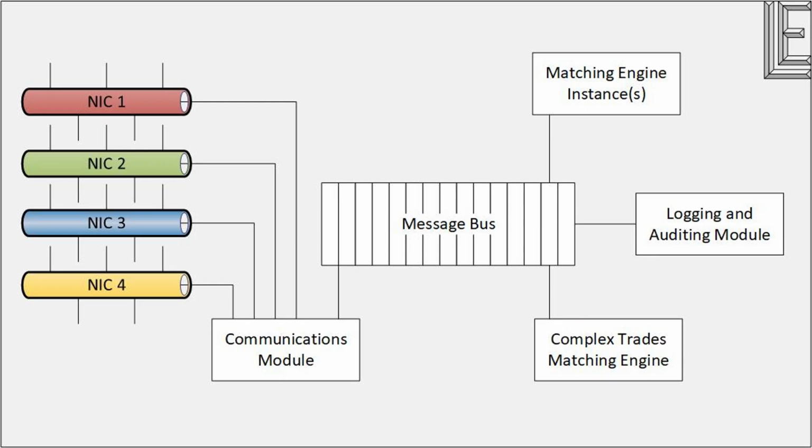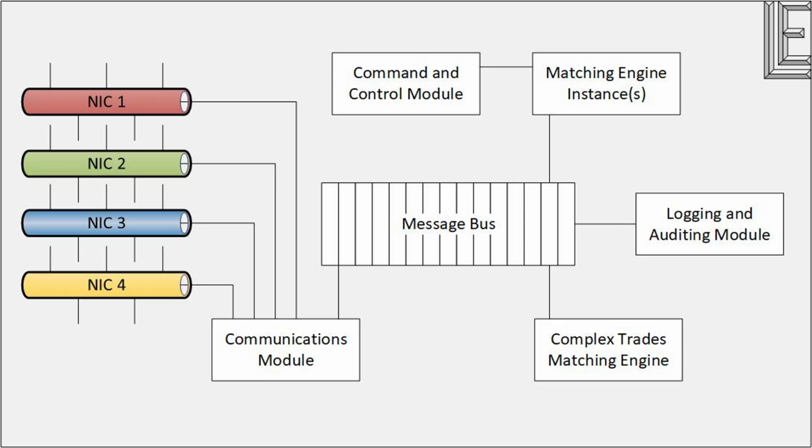A dedicated matching engine instance is used for complex trades, such as swaps. This engine separates complex trades into their constituent parts, while controlling each part so that the trade will only happen if all parts complete. It's also responsible for control of time-based trades, such as good till date.